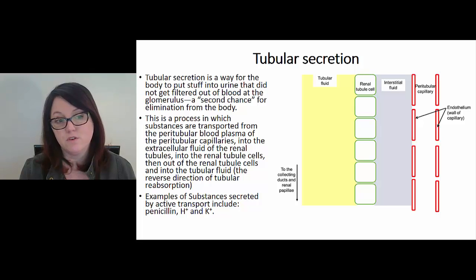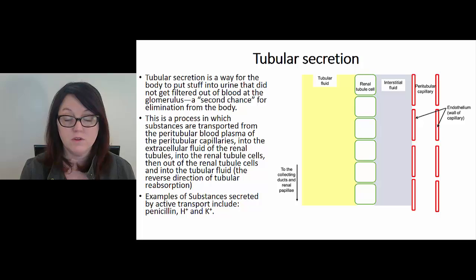Examples of substances that are secreted include penicillin, which is an antibiotic, hydrogen ions, in other words, acid, and then potassium ions. And most of these are going to be transported across the renal tubule cell membranes through active transport. So we are going to use ATP energy to move these substances into the renal tubule cells and then out of the renal tubule cell into the tubular fluid.